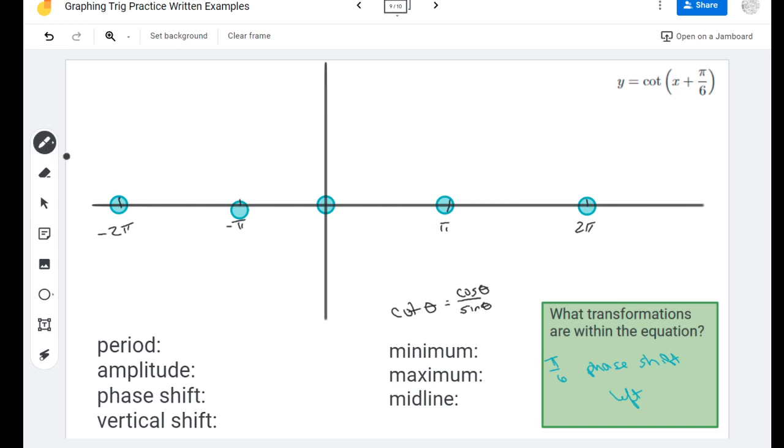So what we need to do is we need to cut these tick marks into sixths so that we will know what pi over 6 is, because right now pi is 1 tick mark. So there's in halves, there's in sixths. And so we're going to do that a few times.